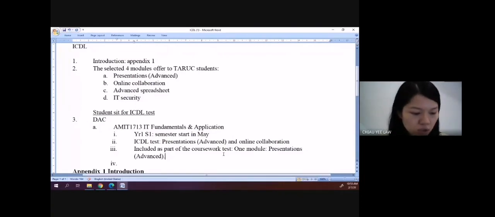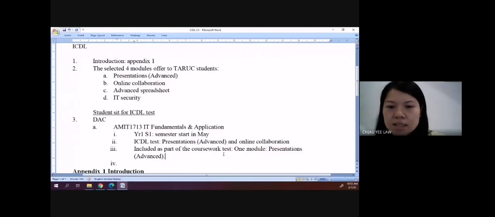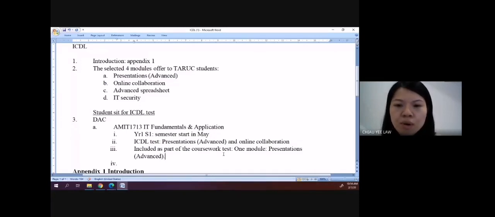I think after this external ICDL test was mentioned to you, if not mistaken, it was briefed by Miss Iris. She told me she briefed you all on this before. But after she briefed you, it came to MCO already, so you all did not continue with the registrations, and you also don't know how to proceed.